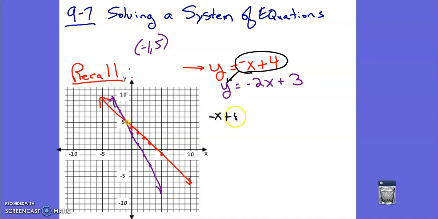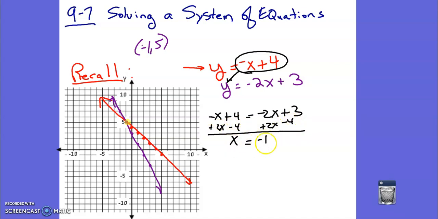So negative x plus 4 equals negative 2x plus 3. And then I just solve for x. So I'm going to add 2x to both sides, minus 4. So I'm going to get x equals negative 1. And then if I substitute negative 1 back into either equation, it does not make a difference, I'm going to get 5. So negative 1, 5, again, I found it by graphing, and I found it by substitution.